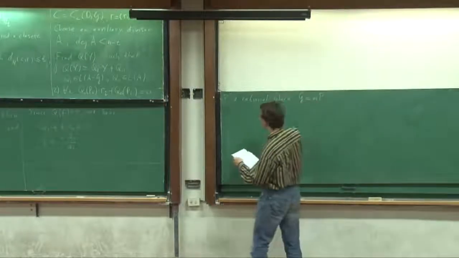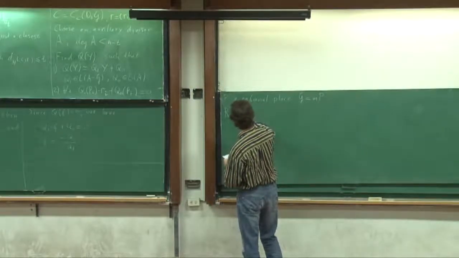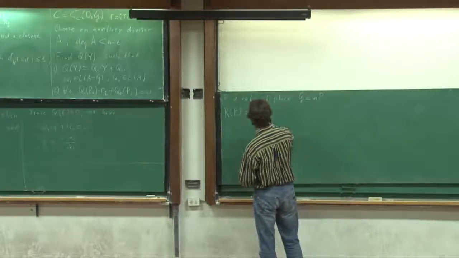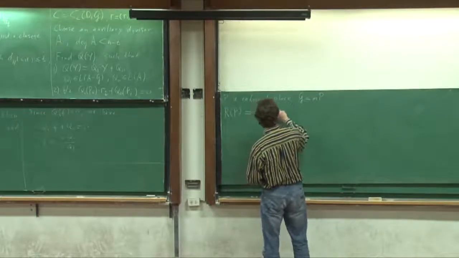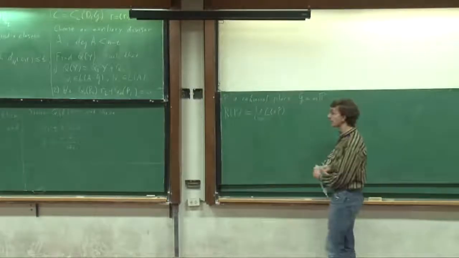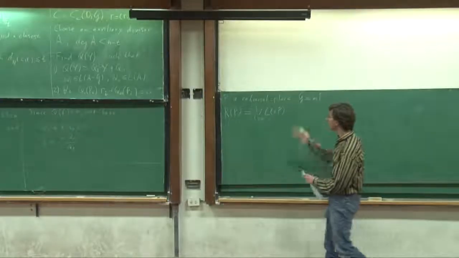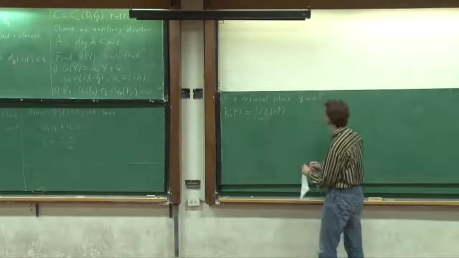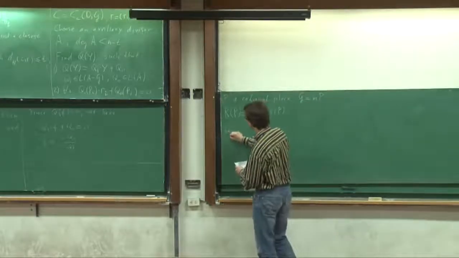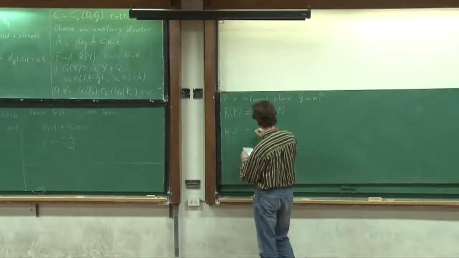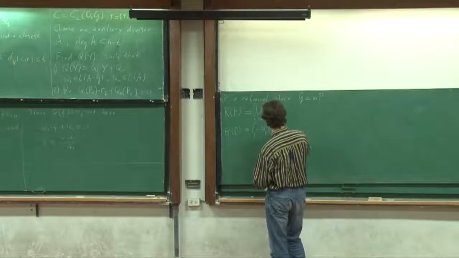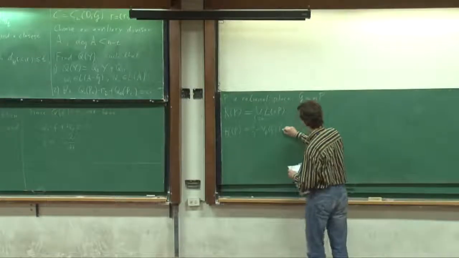Then we said, okay, we have associated to such a place a ring where we take the union of all L spaces of this type. This really was a ring, and some of its properties are described by the so-called Weierstrass semigroup, which you get by taking minus the valuation of all elements of this ring.